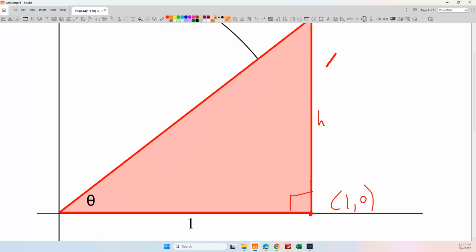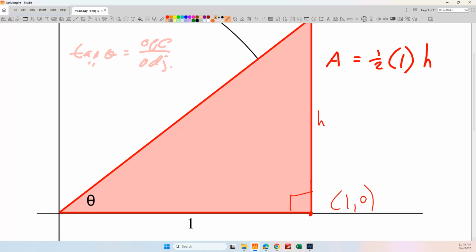So the base is 1. The height is different, but we're going to call it h. Yes, we'd use tangent, because the tangent of an angle is equal to the ratio of the opposite leg over the adjacent leg, and the adjacent leg has a length of 1.